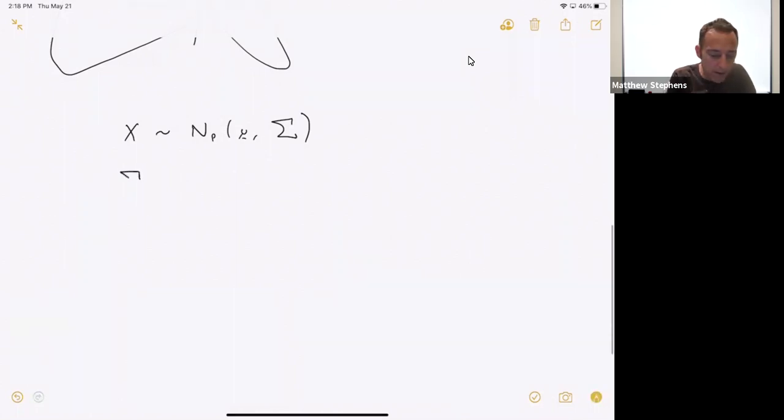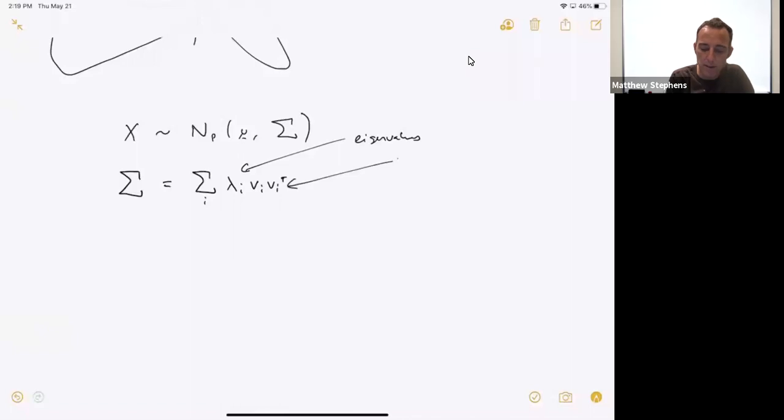So that means we can write it out. Hopefully you knew that already. These are the eigenvalues, and these are the eigenvectors.